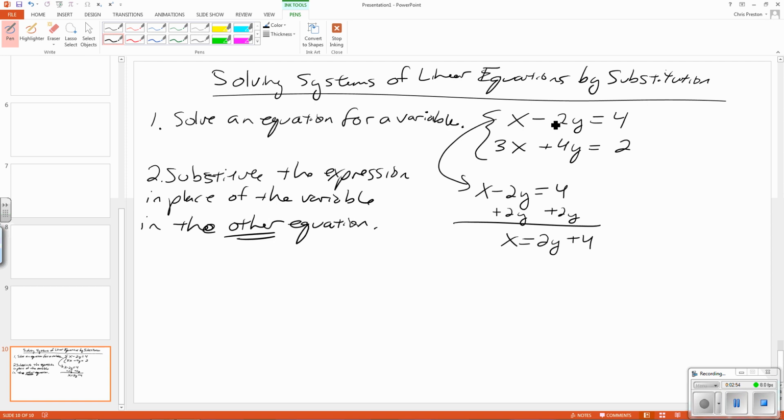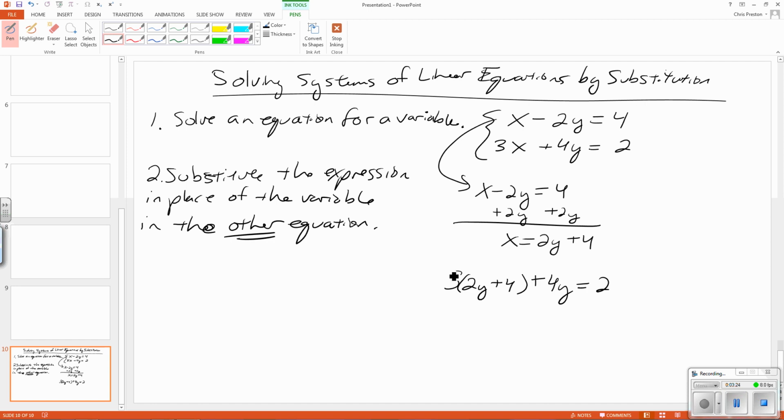We got it from the first equation. So what I want to do is take the second equation and replace x, the letter I got by itself, with this 2y plus 4. So this second equation is now going to say 3 times stuff plus 4y equals 2. And then I'm going to fill in this stuff, 2y plus 4. I'm replacing x with the expression 2y plus 4.